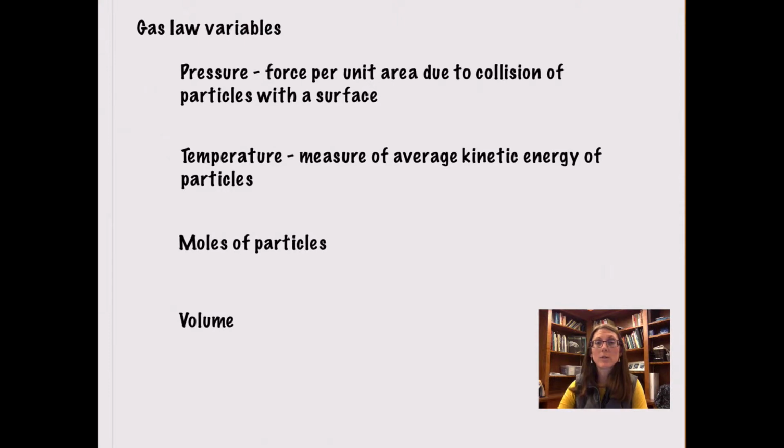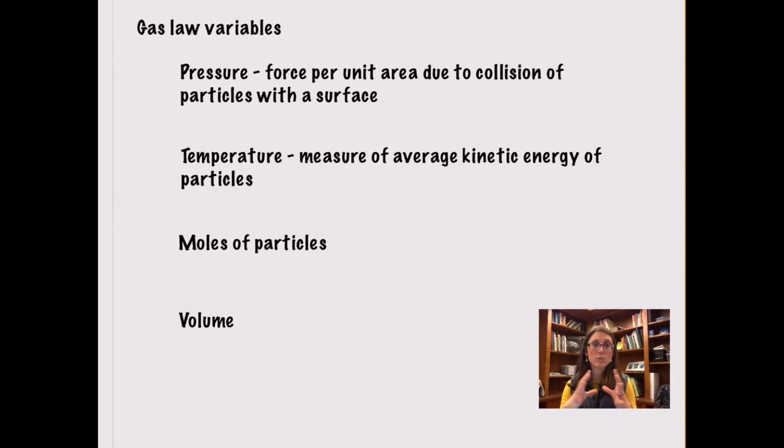Okay, we're going to start with a review of what the gas law variables are. You should remember this from first year chemistry. So we have pressure, which is the force per unit area due to the collision of the particles with a particular surface. We have temperature, which you've seen already this year, and that's the average kinetic energy of your sample of particles. We have moles, which is the number of moles of particles we have.